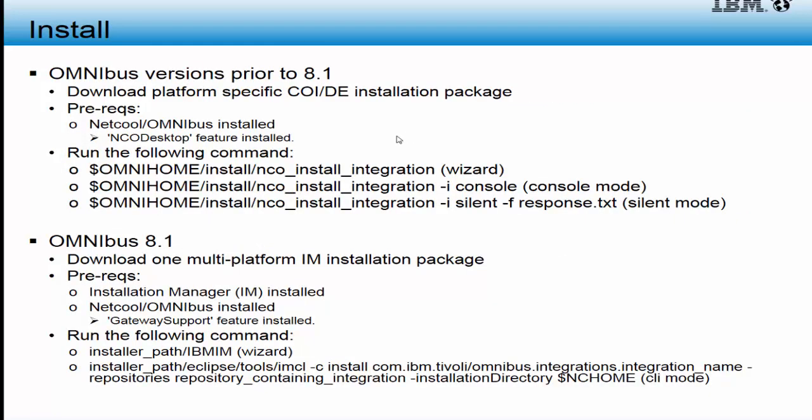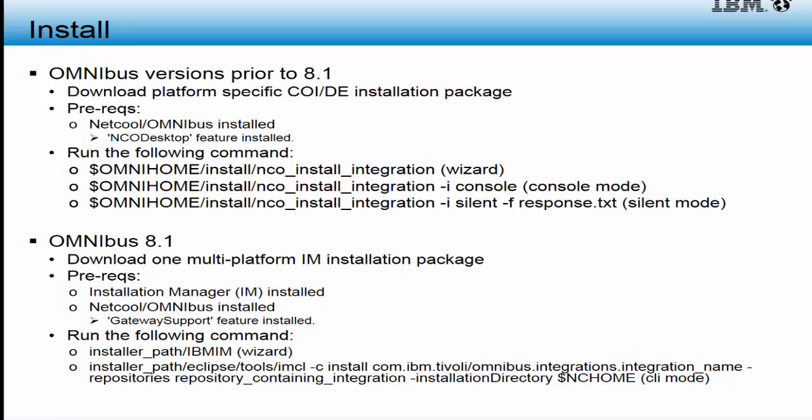Okay, so let's talk about the installation. First of all, if you're on a version of Omnibus, say 7.30, 7.31 or 7.4, then you need to download the platform-specific DE installation package because you're going to be using Deployment Engine to install.